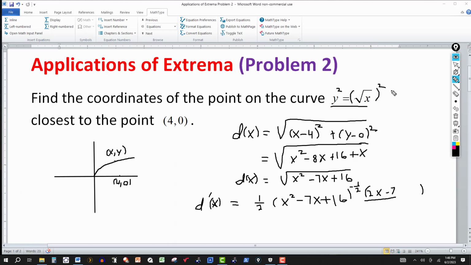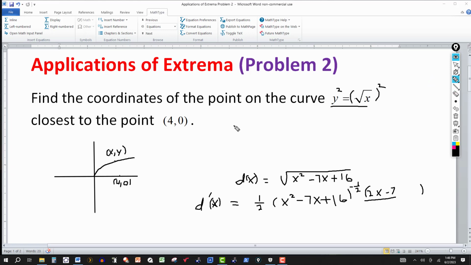So we know that one critical number, numerator again is 2x minus 7, so if you set that equal to 0, solve for x, you're going to get x equal to 7 over 2, or 7/2.